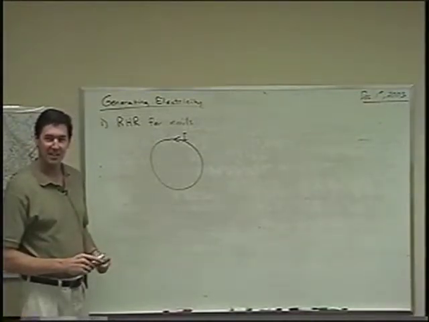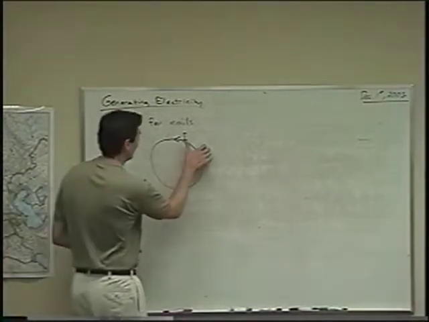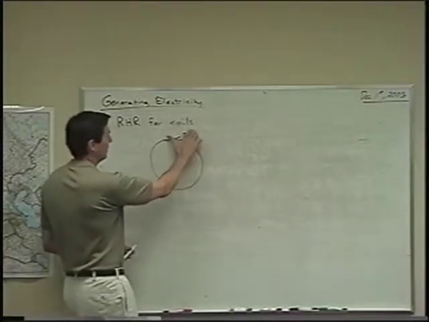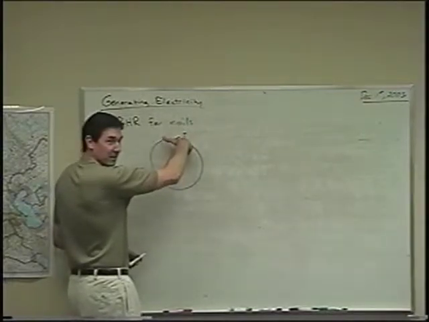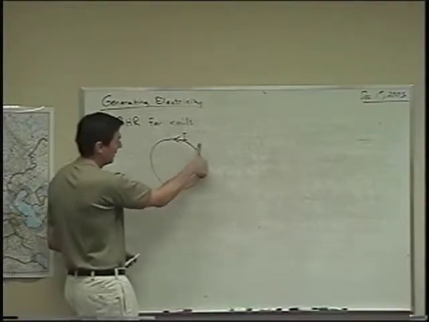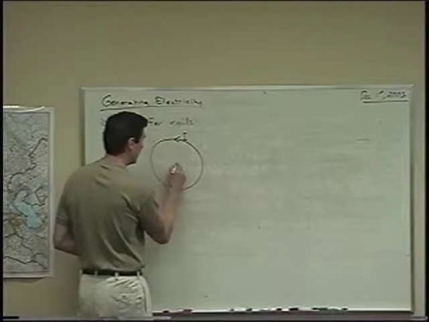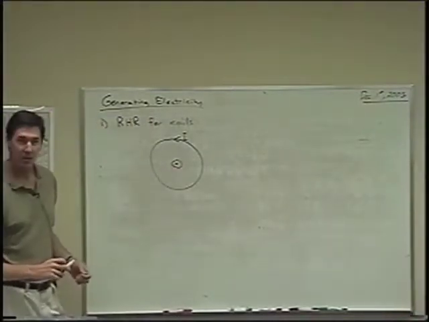Ben? Like in the middle, going out. Yeah, you're right. According to Ampere's first right-hand rule, you put your thumb in the direction of the current, and then your fingers will curl in the direction of the field. Well, in the middle of the loop, that will always be coming out of the board. So the field will be coming out of the board.